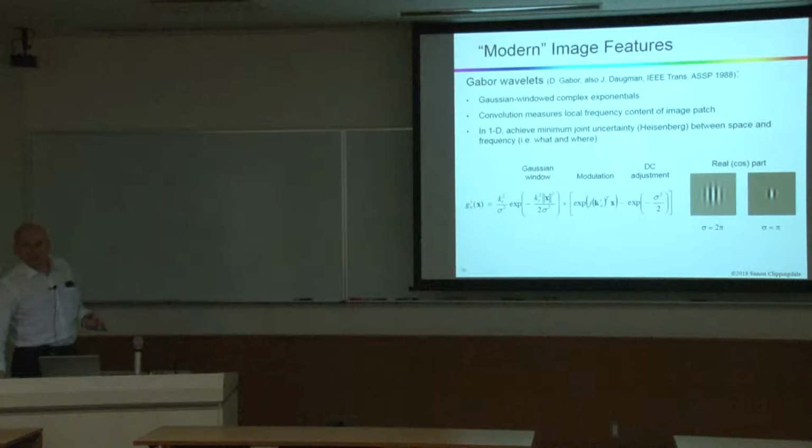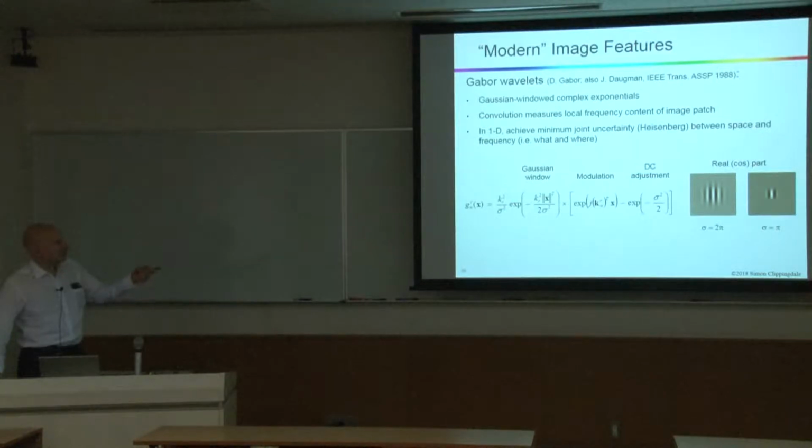The company that was the main producer of this got bought by Google, and so Google's face recognition used these at some point. These features are Gaussian windowed complex exponentials. In mathematical terms, it's this.